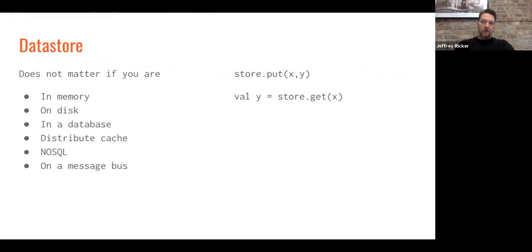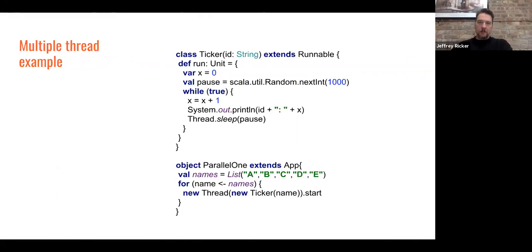So the challenge is very simple to demonstrate. Here's a very simple Scala program that runs multiple threads. I've created a class called Ticker that is created with a name or an ID, and it's runnable. A runnable is just something that has a method called run.